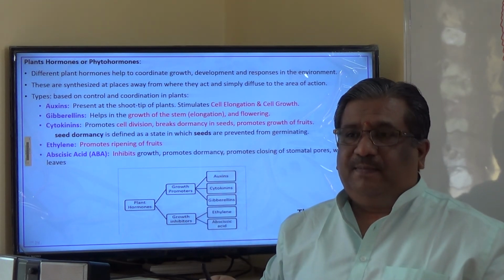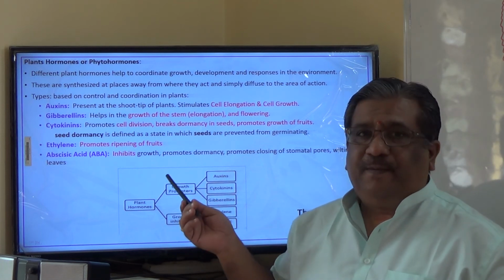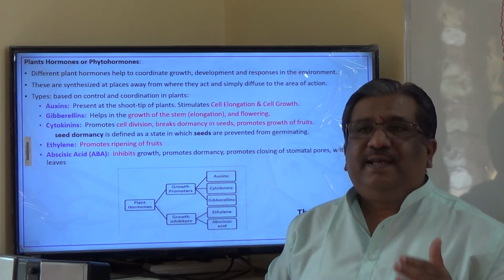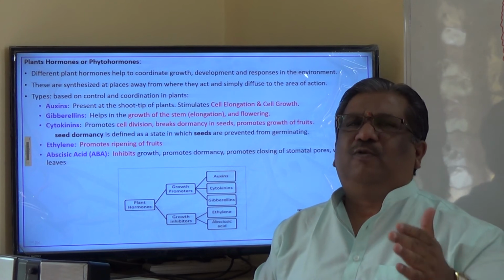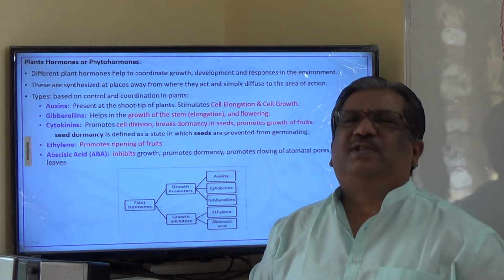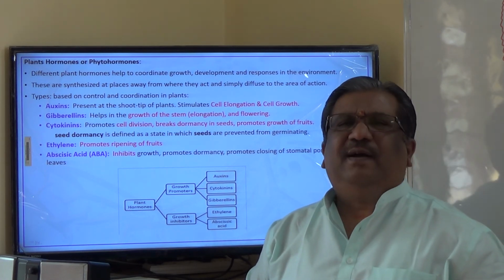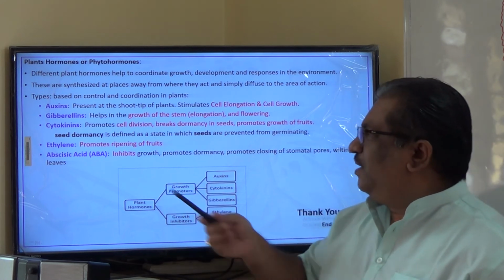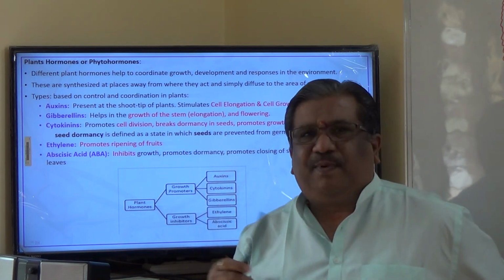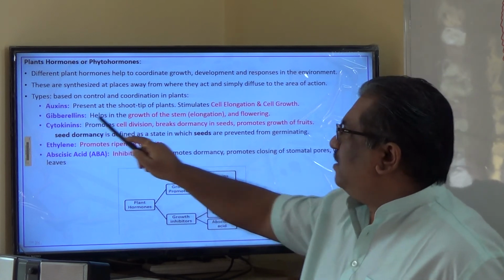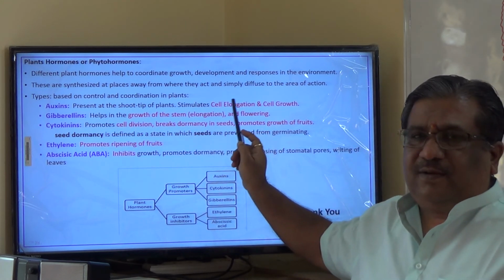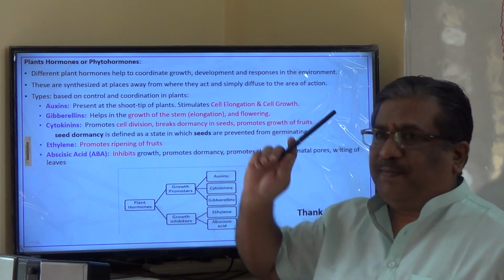I am highlighting the textbook so much because those who consistently score good marks are the ones who stick to the textbook. Believe me. I hope you understand the importance of the textbook. Auxin is responsible for cell elongation and cell growth, and gibberellin is a particular thing.